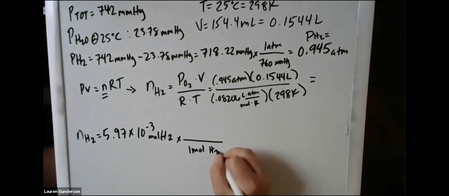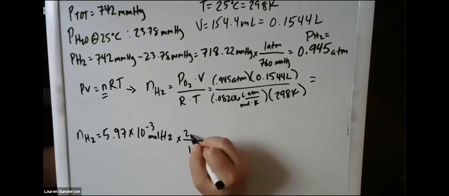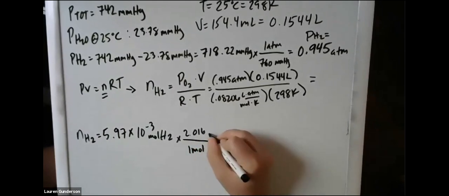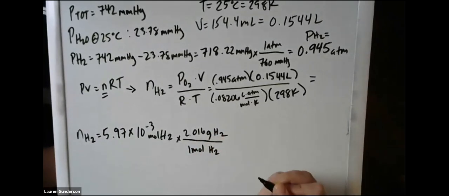So 1 mole of H2 will be 2.016 grams of H2.